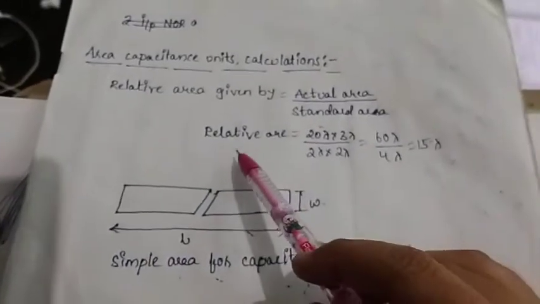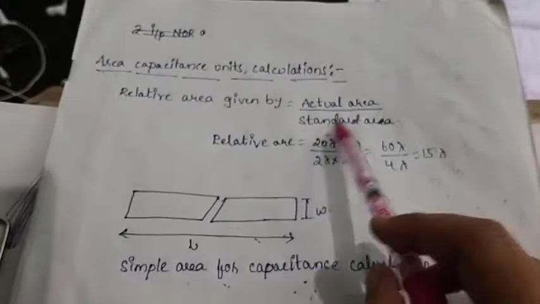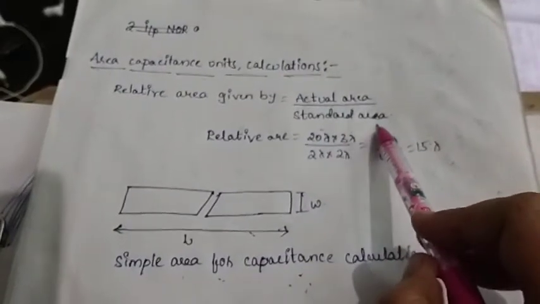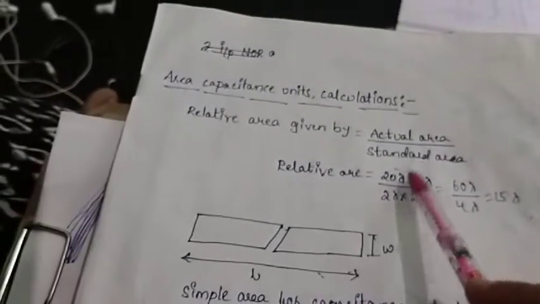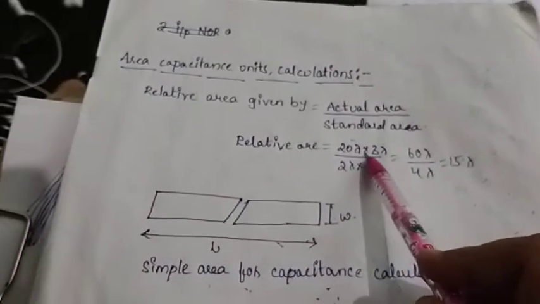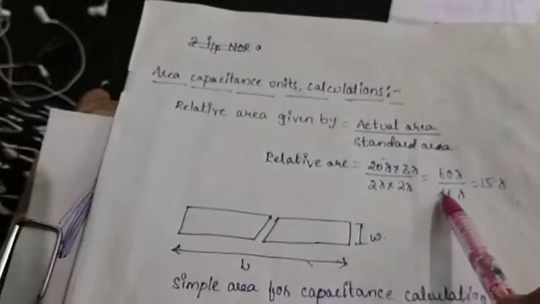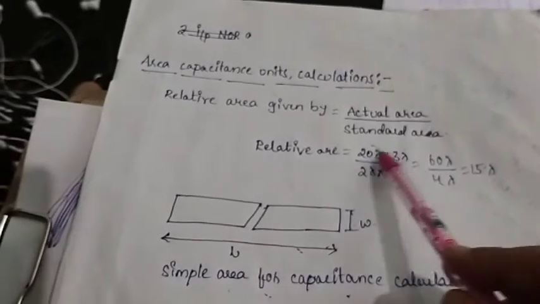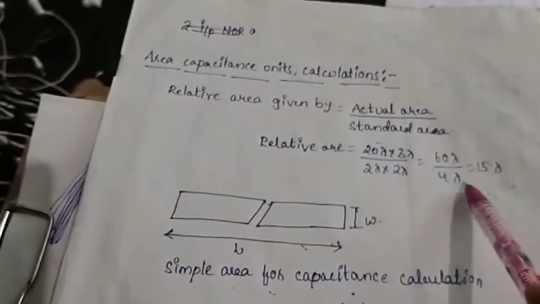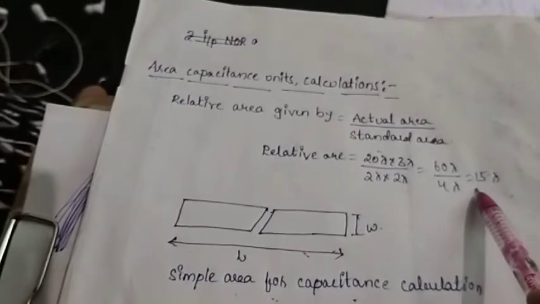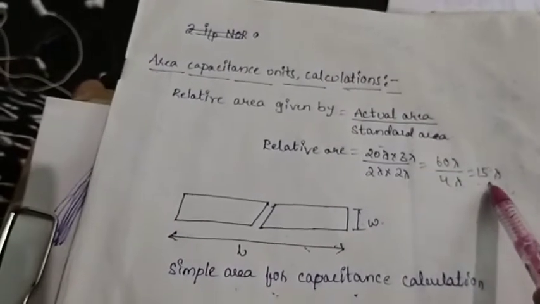So the relative area is the actual area divided by the standard area. This we can write as 20 lambda by 3 lambda divided by 2 lambda into 2 lambda, which is 60 lambda by 4 lambda. If we simplify this, we get 15 lambda.